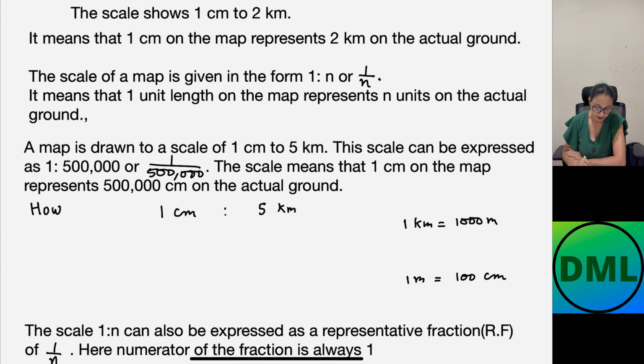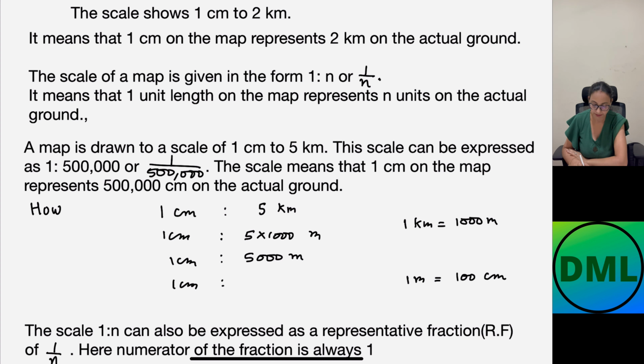Let's do it here. We have the scale 1 centimeter to 5 kilometers. Let's convert this 5 kilometers to centimeters. We know that 1 kilometer is equal to 1000 meters. So first we will convert it into meters. That means we write 1 centimeter is to 5 times 1000 meters. That will give you the answer as 5000 meters. 1 meter is equal to 100 centimeters, so I need to convert it into centimeters.